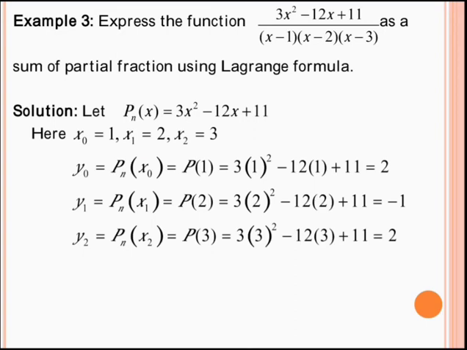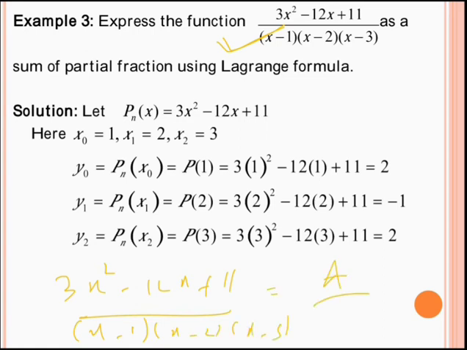One more example, a bit different from the previous two, but it's very easy. Express the function 3x square minus 12x plus 11 upon x minus 1, x minus 2 and x minus 3 as a sum of partial fractions using the Lagrange formula. You have to express this as a sum of partial fractions.